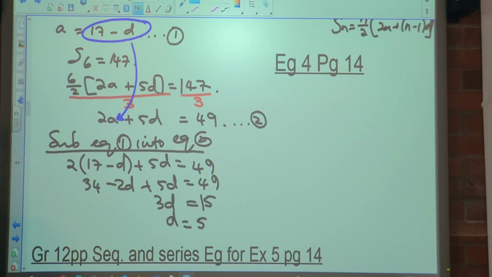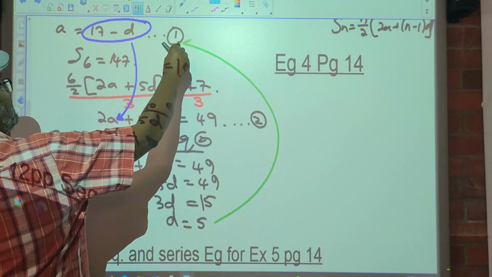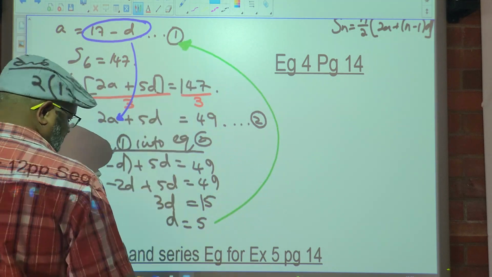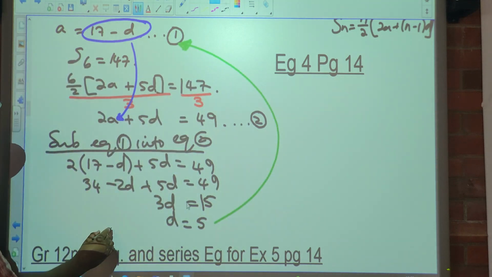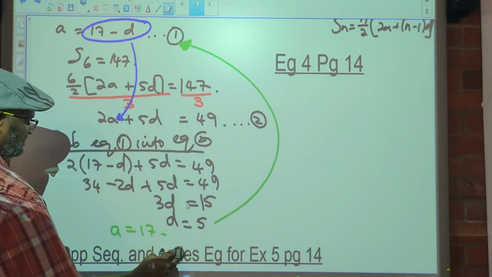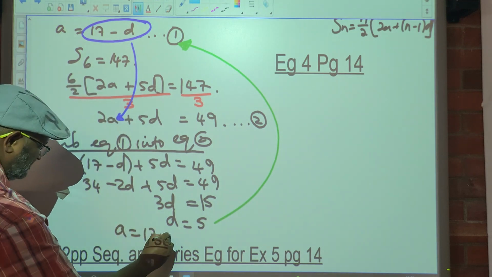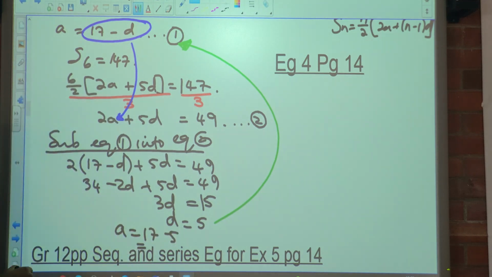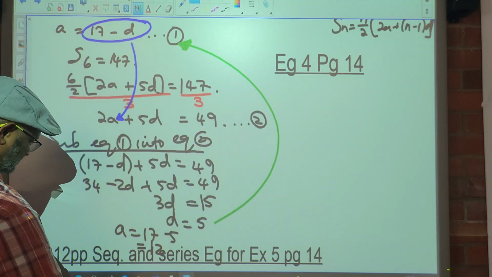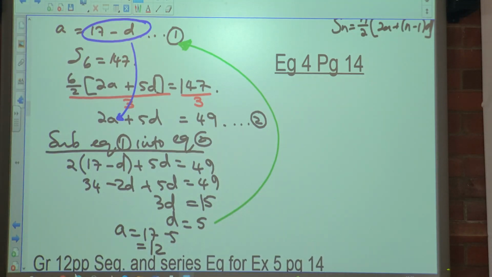So what do I do with that? Sub it into equation 1. So that's going to be a is equal to 17 minus 5. And what's 17 minus 5? 12. Okay.